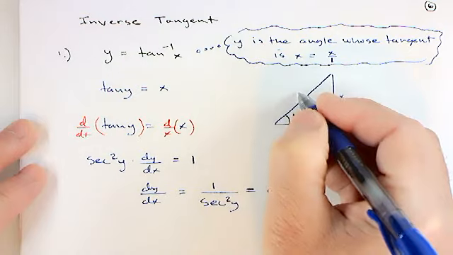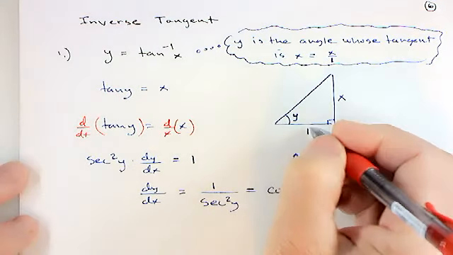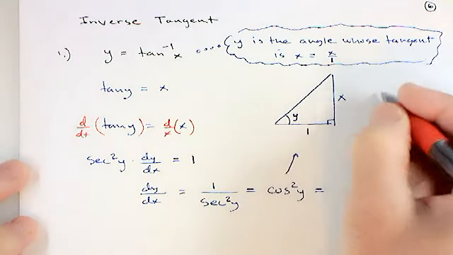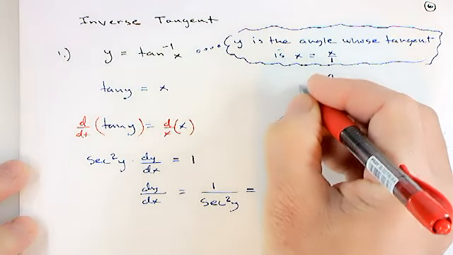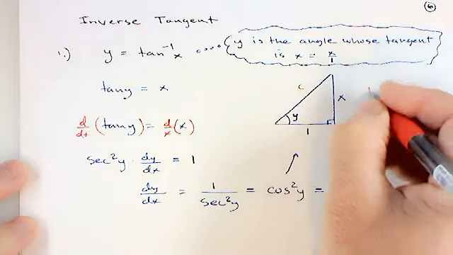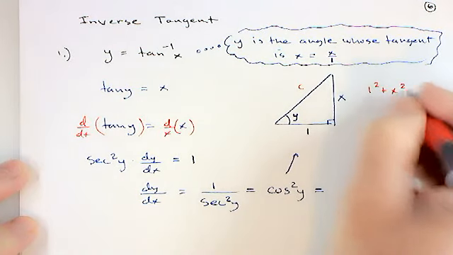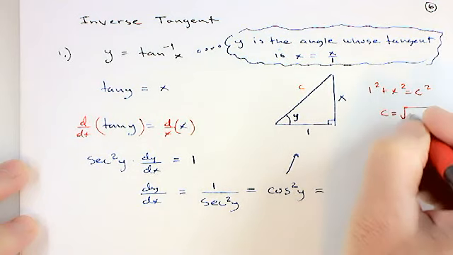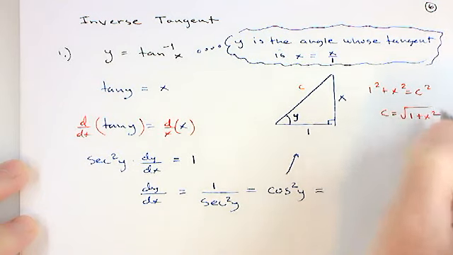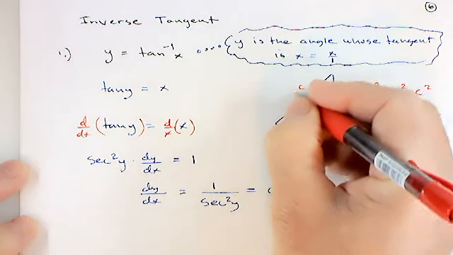We need to find this missing side here, because cosine is adjacent over hypotenuse, but that's easy to do. Let's call this c. So 1 squared plus x squared should equal c squared. c itself would be the square root of 1 plus x squared. That's this side.